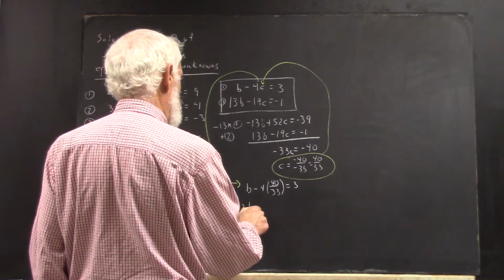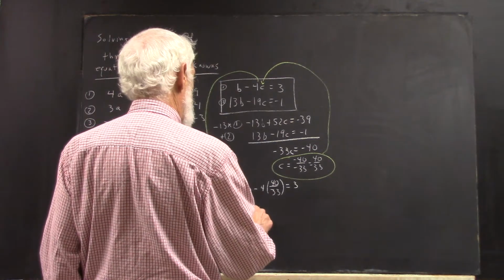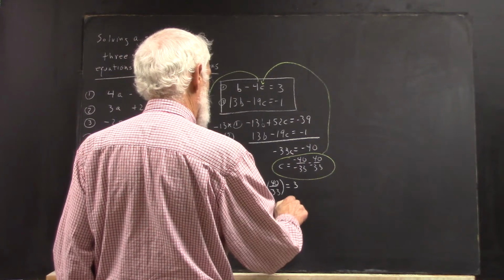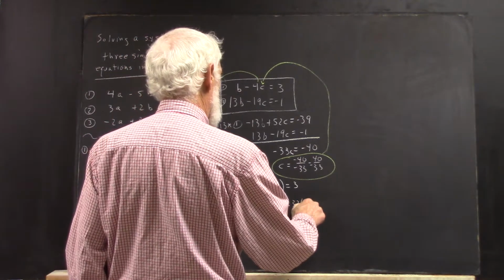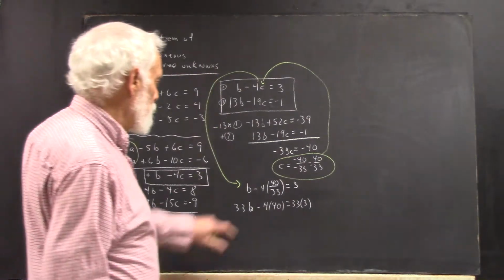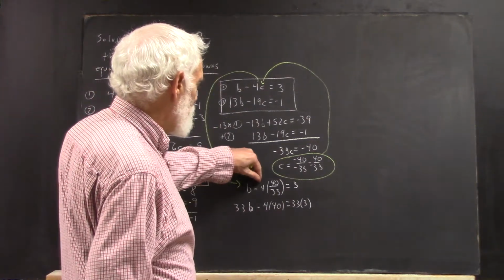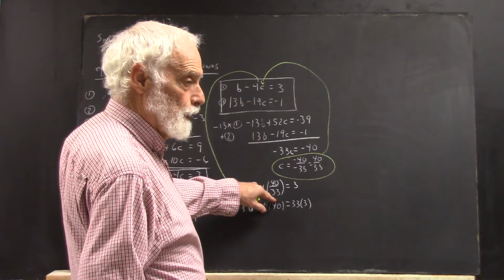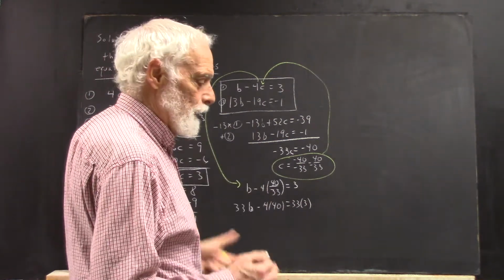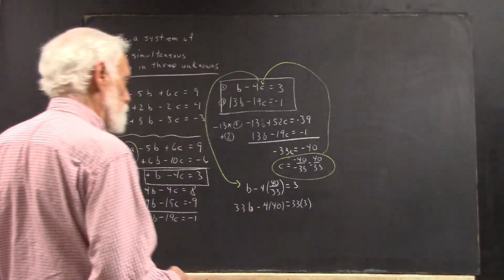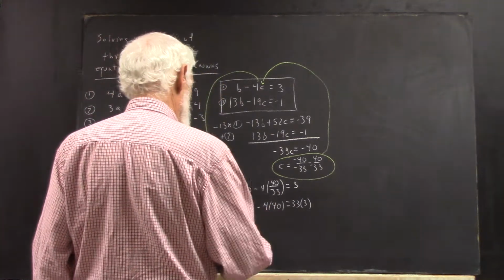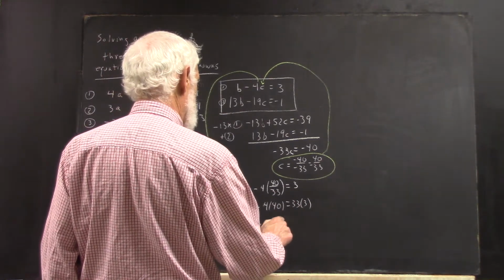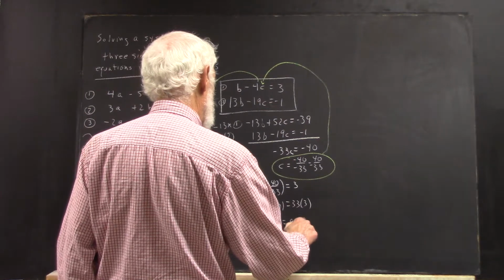We get 33b minus 4 times 40 equals 33 times 3. And I prefer you not skip the step by multiplying the 4 by the 40 at the same time you multiply the 33 again, because almost everybody has very limited skills with fractions. So that gives us 33b minus 160 equals 99.